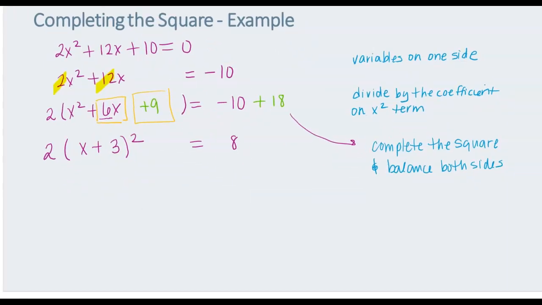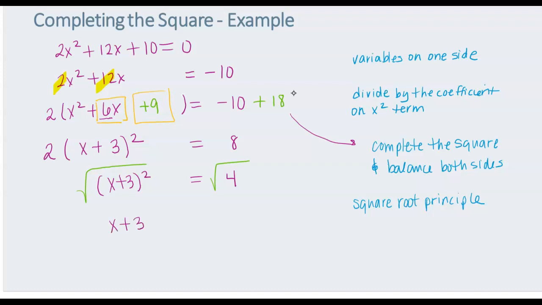Now let's divide both sides by 2. So we have x plus 3, the quantity squared, is equal to 4. And then I'll take the square root of both sides. Now I'm going to be able to use that square root principle. When I have something squared and I take its square root, I end up with just the item that's under the radical, so I'm going to have an x plus 3 here.